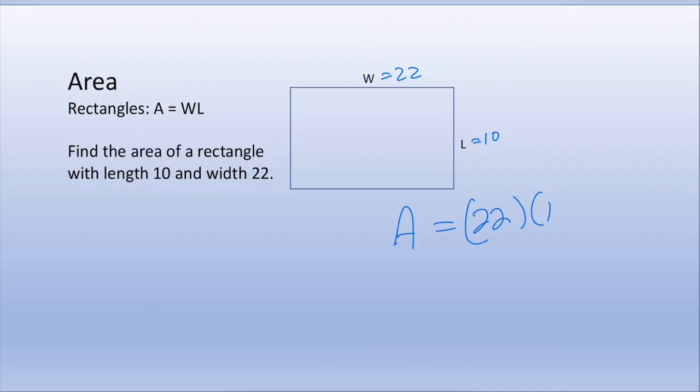So 22 times 10 or 220 square units. Now, we don't know in this example whether that was 10 inches by 22 inches, so square inches, or square feet, or square centimeters. So you can write square units since you don't know otherwise.